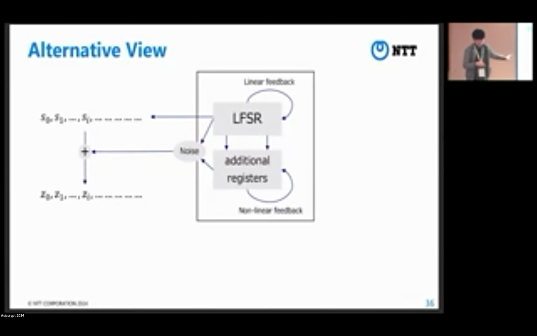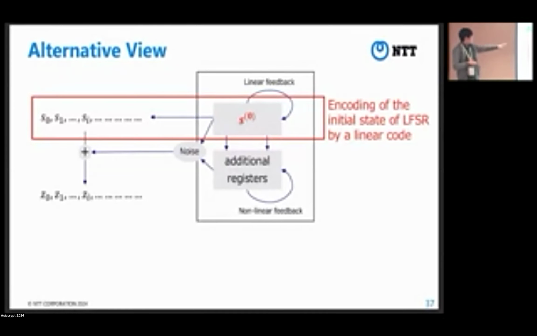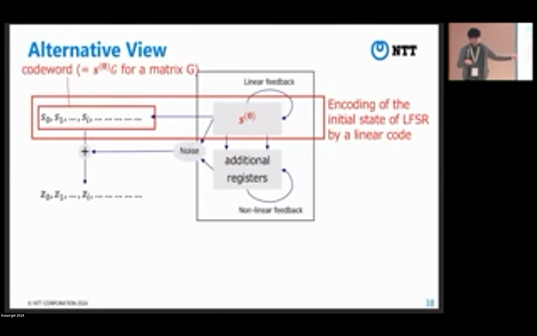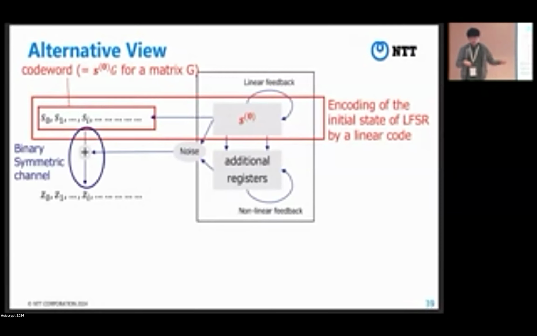So this is the alternative view. By introducing this, we can see that this part, the production of the LFSR sequence, is the encoding of the initial state of the LFSR by a linear code. And this part is regarded as a codeword of the code. And this part can be seen as a binary symmetric channel, or some noisy communication channel.